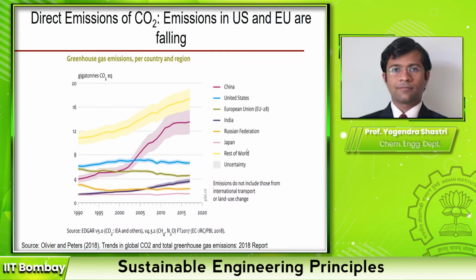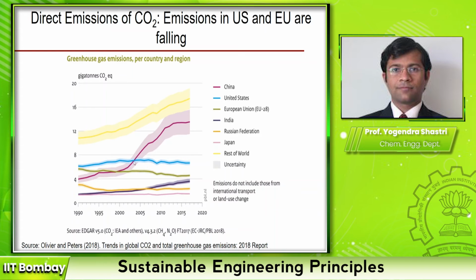Similarly, there is one plot which is in green color for the European Union. The source of this particular plot is mentioned on the slide. If you look at these plots, the trend that comes forth is that the direct emissions of carbon dioxide are going down for US and Europe.